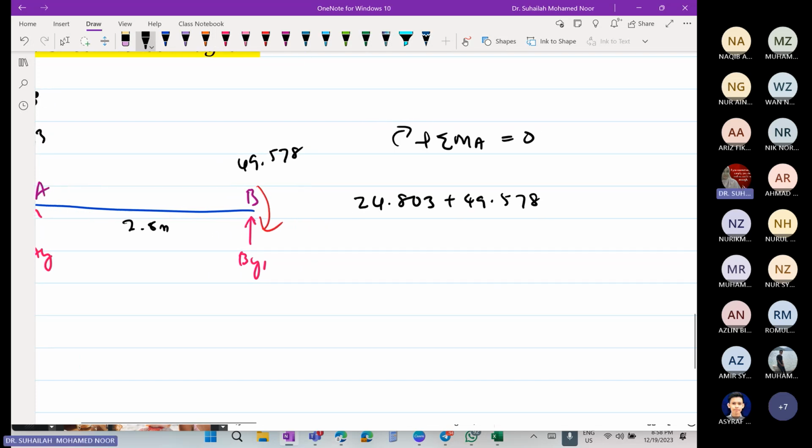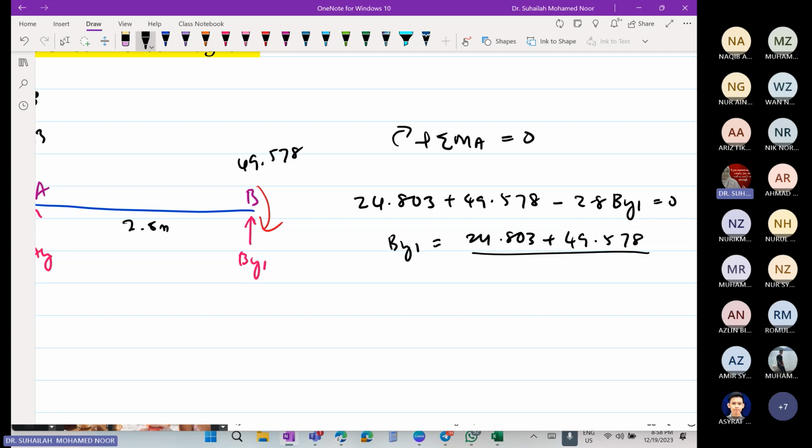So it is minus 2.8 BY1. So BY1 is equal to 24.803 plus 49.578, divided by 2.8.